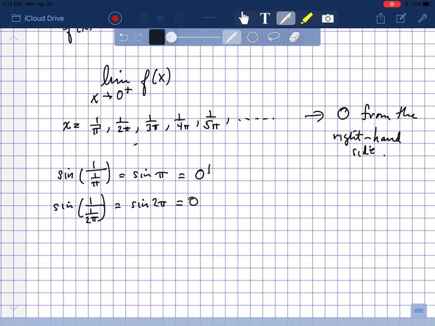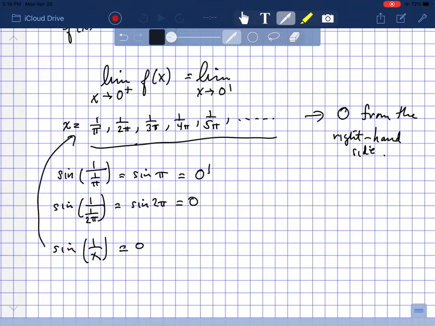And in point of fact, the sine of 1 over x, where x happens to be any one of these values here, is certainly going to be 0. So we would perhaps imagine that this limit of our function f of x, which happens to be the sine of 1 over x, might be 0.